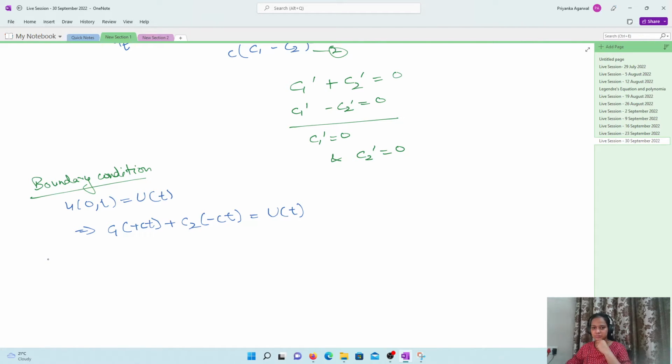Now this is for t greater than or equal to 0, that means x less than ct.